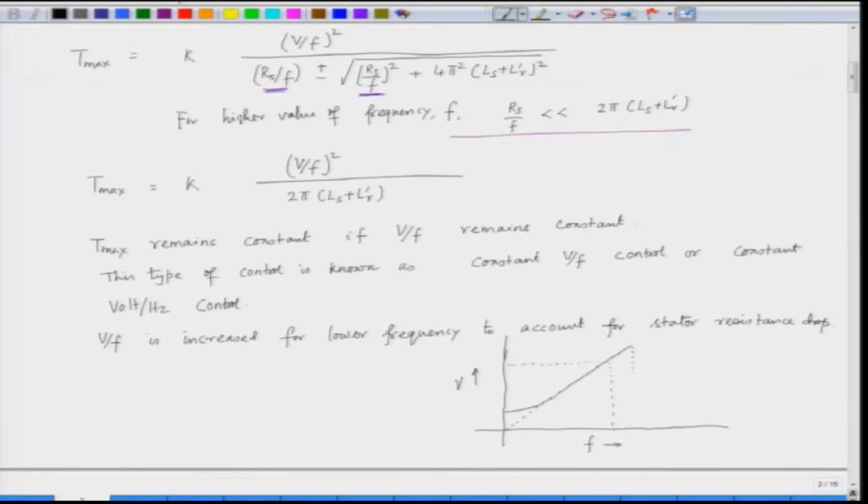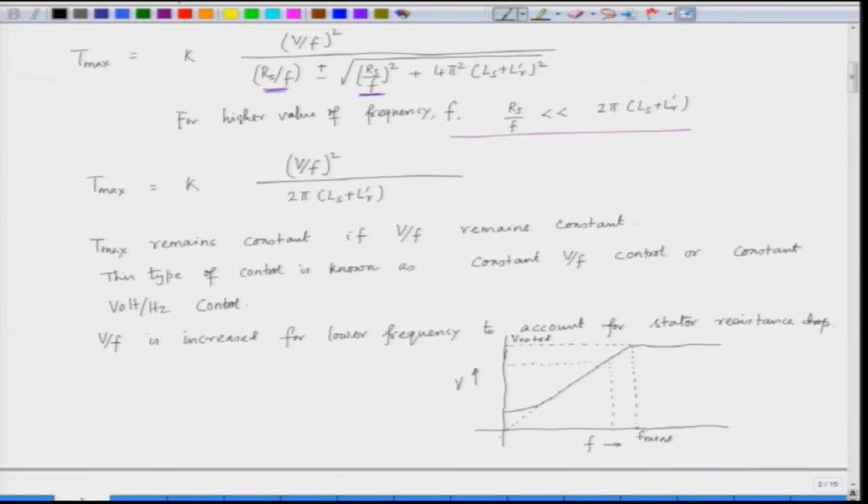So, beyond the rated speed, rated frequency, this is f rated, we get V rated. After that we do not increase the voltage. So, the voltage is maintained constant.